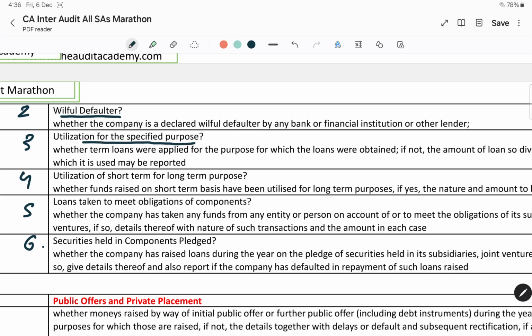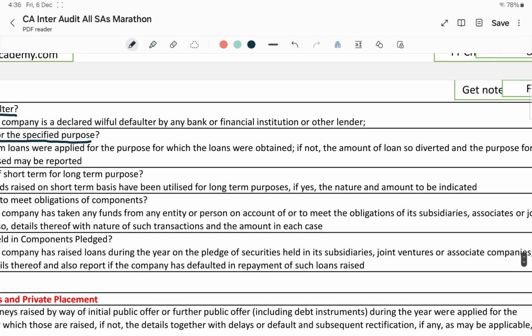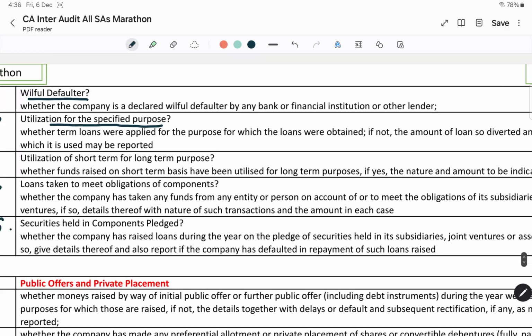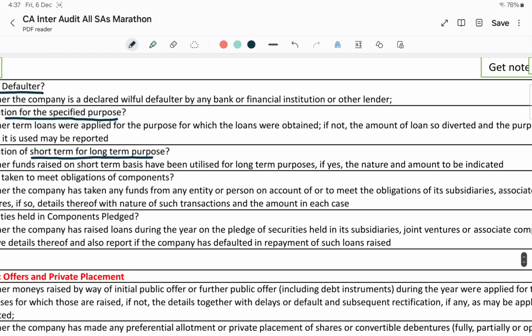Utilization for the specified purpose. Whether the term loan were applied for the purpose for which the loans were obtained. If not, the amount of the loan so diverted and the purpose for which it is used may be reported. Utilization of the short-term loan for long-term purpose. Whether the fund raised on short-term basis have been utilized for long-term purpose.